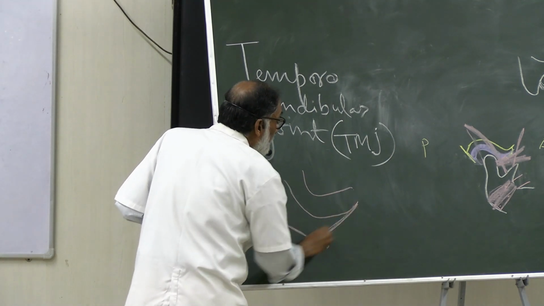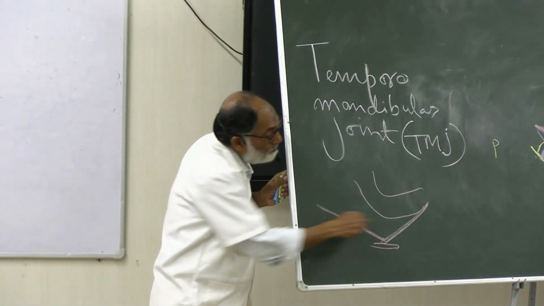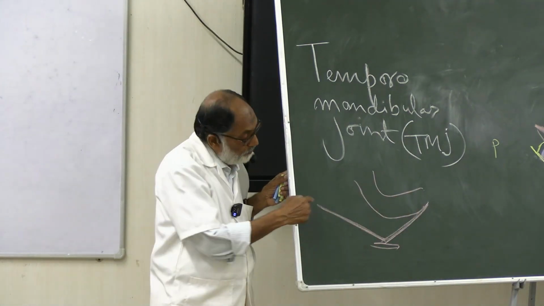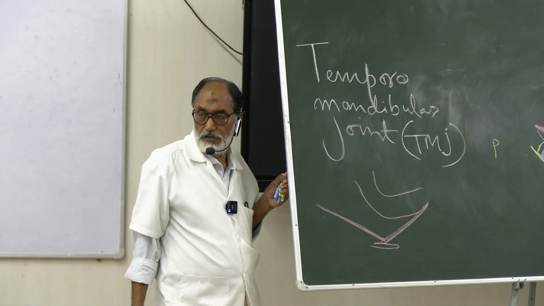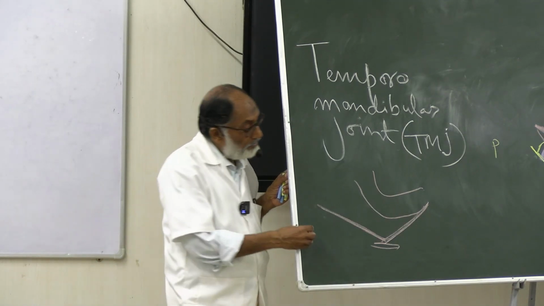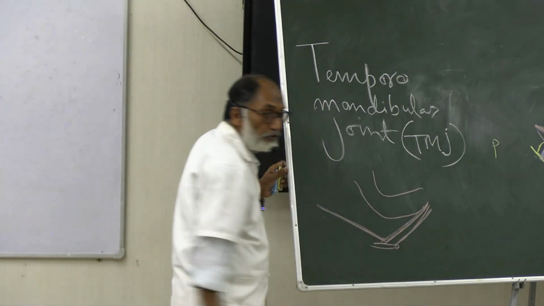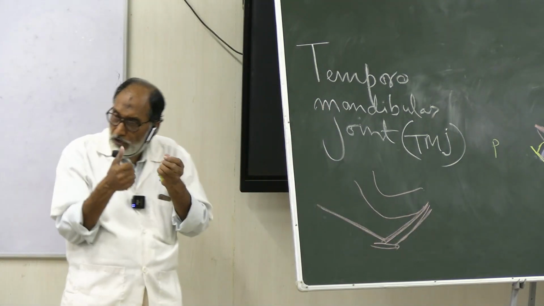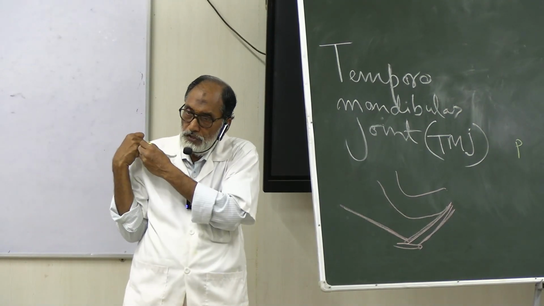From the hyoid bone, this muscle, what is the name of this muscle? What is the role of this muscle? It is coming from the anteriorly, digastric. Another muscle from here to here, that is geniohyoid. So these muscles, if they contract, will also draw the mandible backwards.